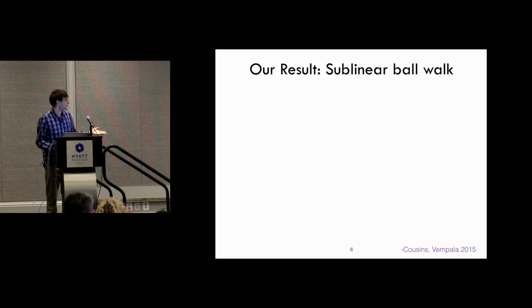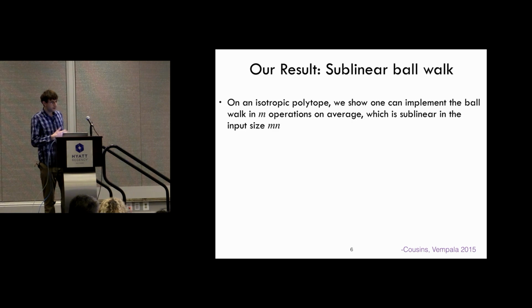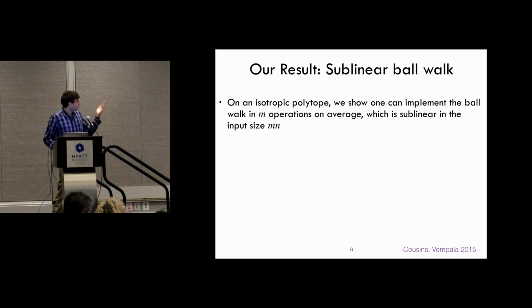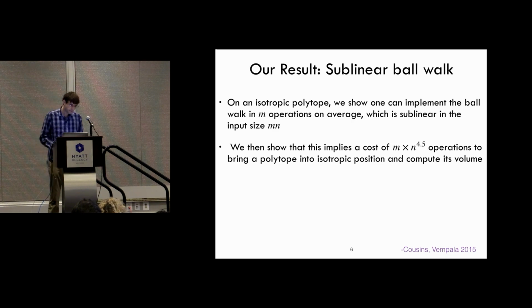Now I'll talk a bit about our results. We show that when sampling from a polytope in isotropic position, we can implement the ball walk Markov chain in roughly m operations per Markov chain step on average. This is sublinear in the input size m times n.